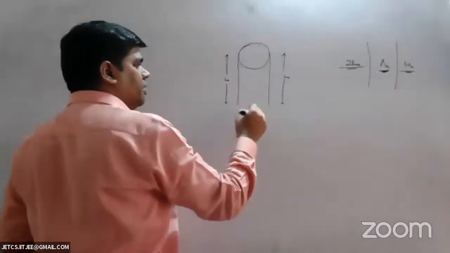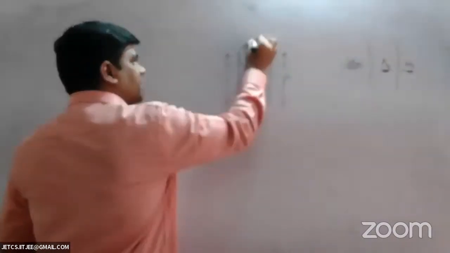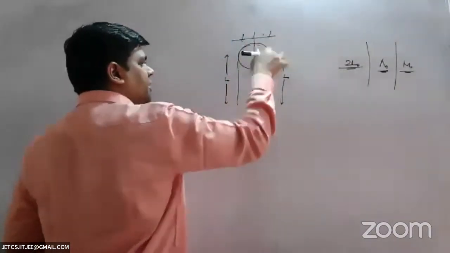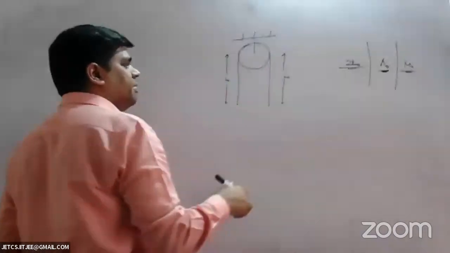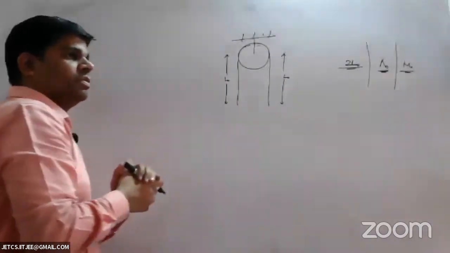So total length is 2L naught, and it is hanging in equilibrium. This will always be in equilibrium because the mass over here and here is the same.